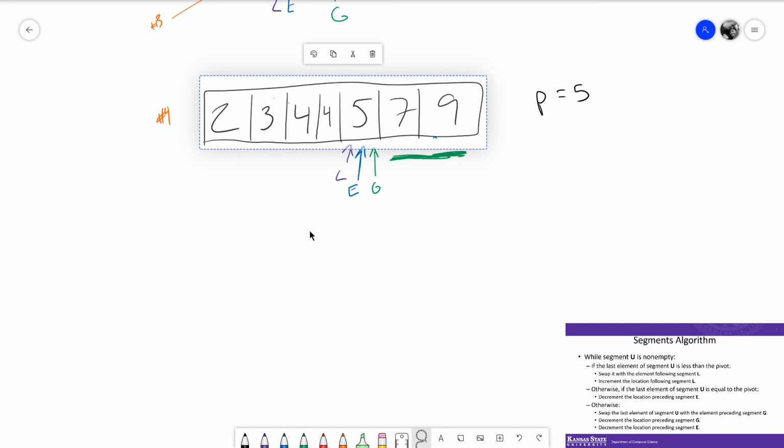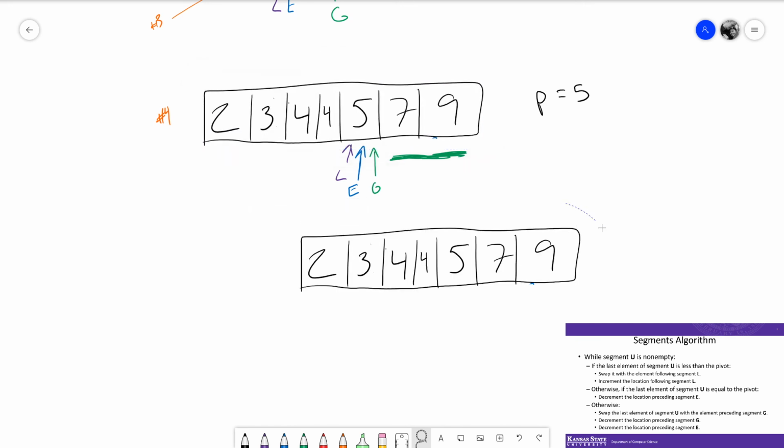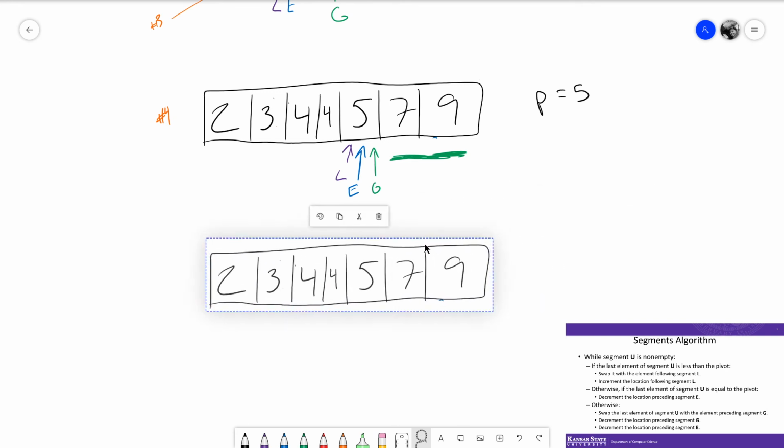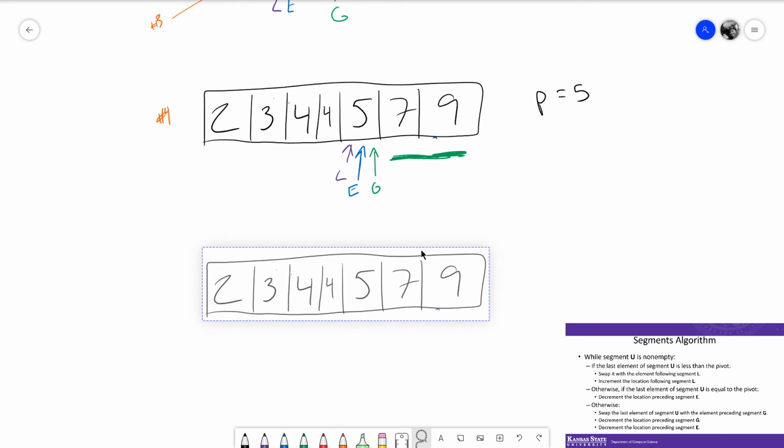And I am simplifying this in some sense because I am not going through the process of what quicksort does on segments that are 1 or fewer. But essentially, we're not going to go through the whole quicksort process with them. We don't actually have to try to sort elements like that because the segment is already sorted. But in this case, we are concerned with this segment here, 7 and 9.